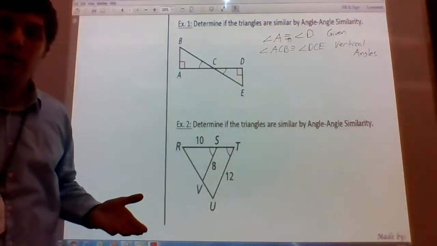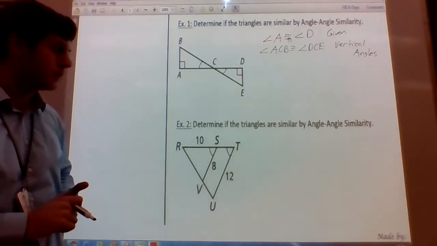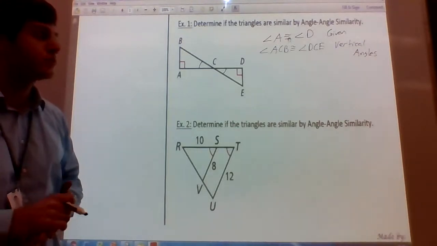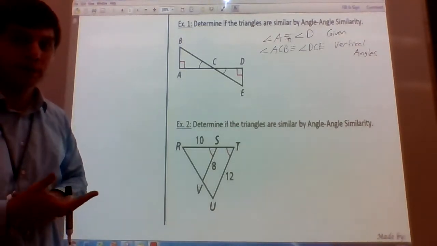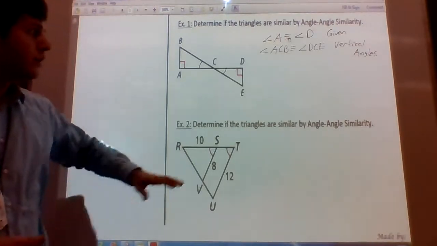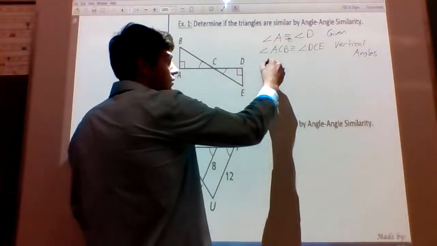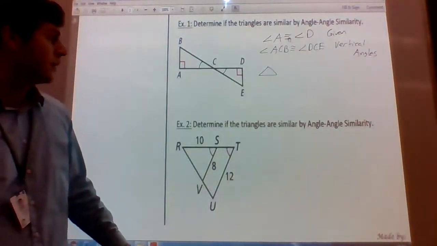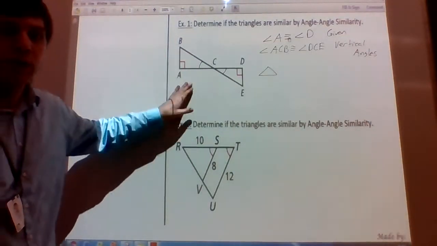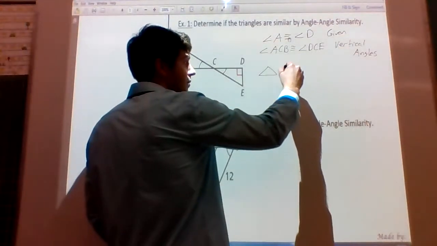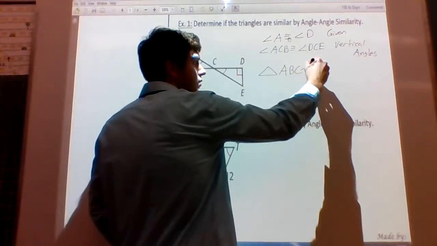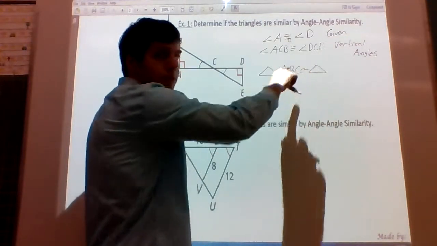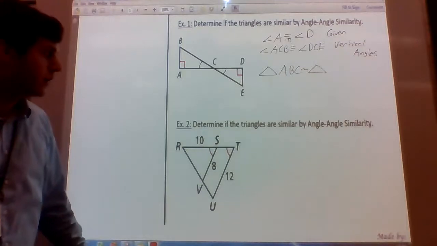The angle-angle similarity postulate tells us that if we have two pairs of corresponding angles that are congruent, the triangles are similar. So triangle, we can name this 6 different ways. Let's just call it ABC. It is going to be similar to triangle, again, this is our similarity symbol, just one squiggly line, one tilde.